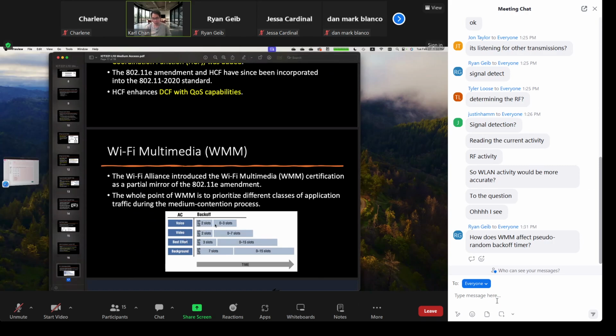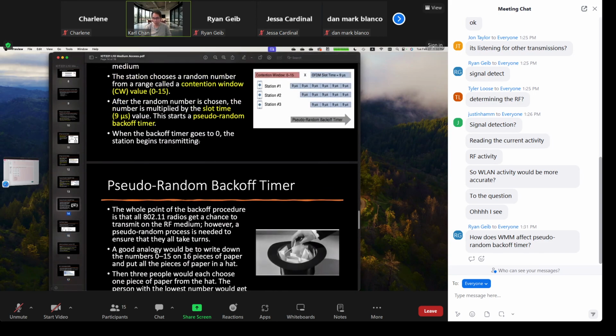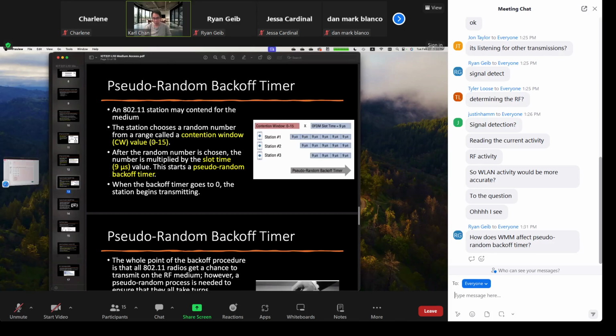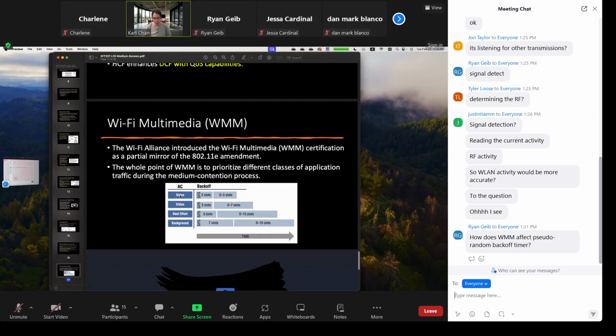Okay, this 0 to 3, 0 to 7, 0 to 15 are the pseudo random backoff slots. Actually, this pseudo random backoff timer is a lucky draw. Okay, drawing 0 to 15. But if you have a voice transmission, you're just drawing a number from 0 to 3.